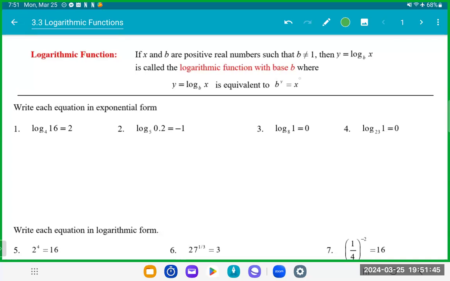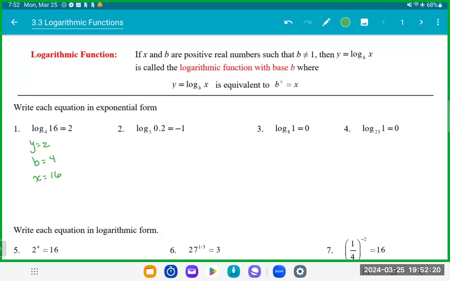We'll look at what we were given as a guide: y equals log base b of x. So y equals 2, b equals 4, and x equals 16.